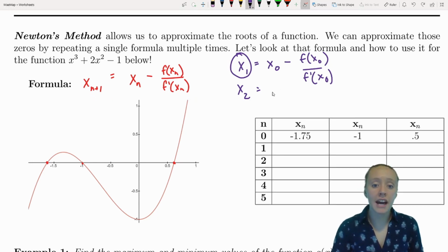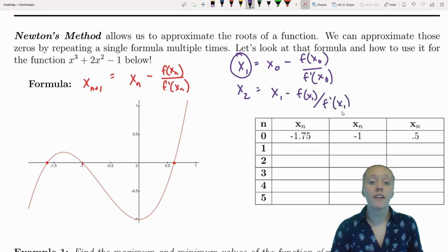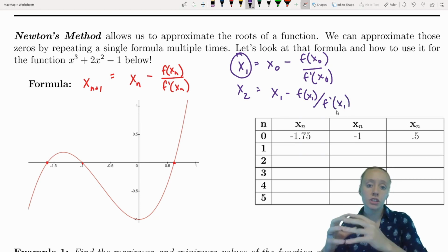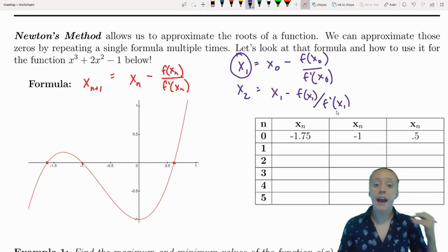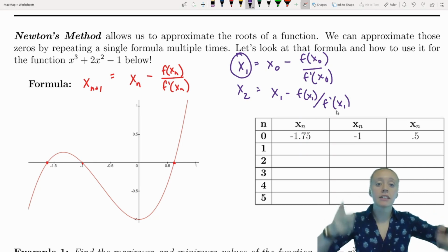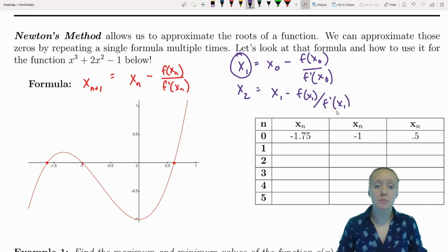So then I'm going to have x sub 1, my previous output, minus f of x sub 1 all over f prime of x sub 1. And then I'll use my x2 as my next input to get x3, and so on. So you can see that this same formula, that same pattern, is repeated multiple times.